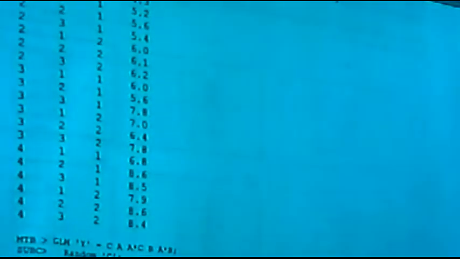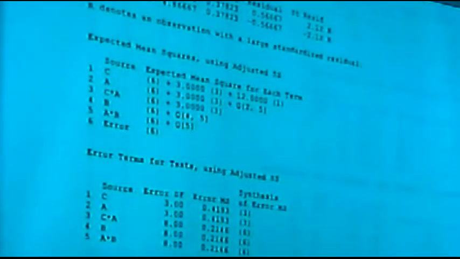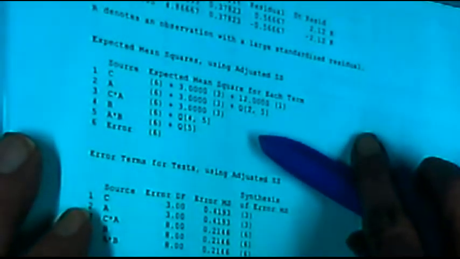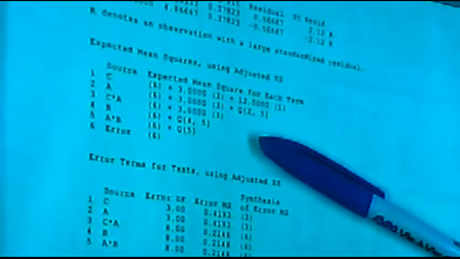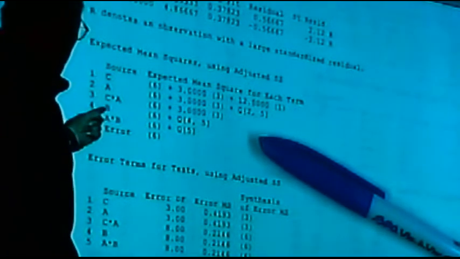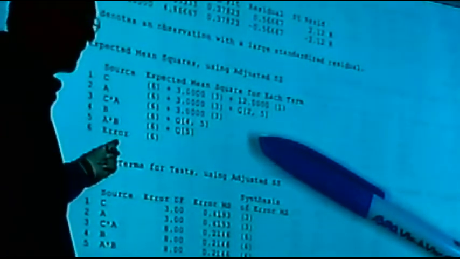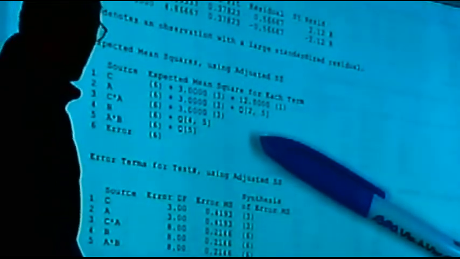Now, what I have here in this output that I produced from Minitab is the table of expected mean squares here. And if you study these briefly, you can see that the denominator for B and AB would be this so-called error term down here, 6.